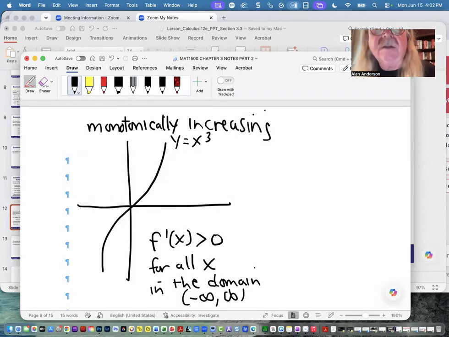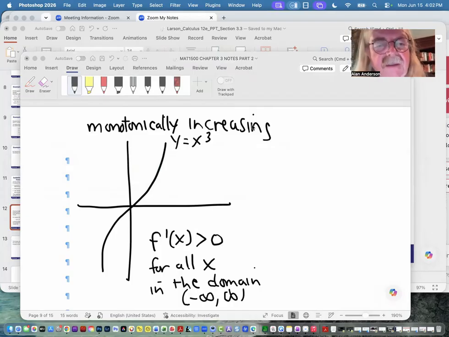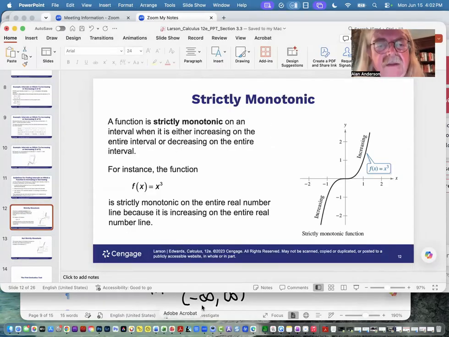You do run into this sometimes. So here they're describing it as strictly monotonic, increasing.